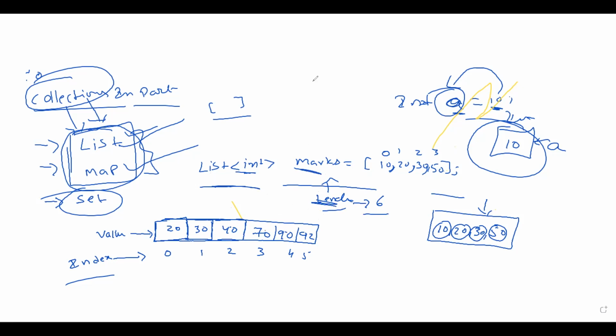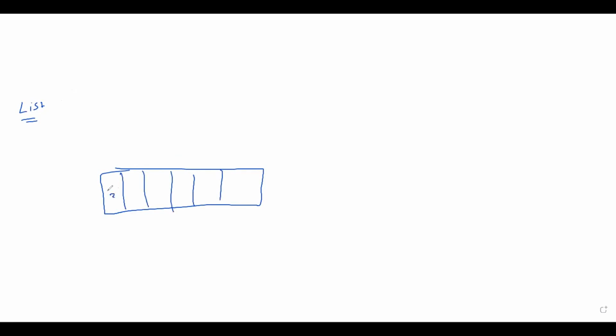First we'll discuss the list today. Again I will discuss this one. 0, 1, 2, 3, 4, 5. These are the values, these are the index.